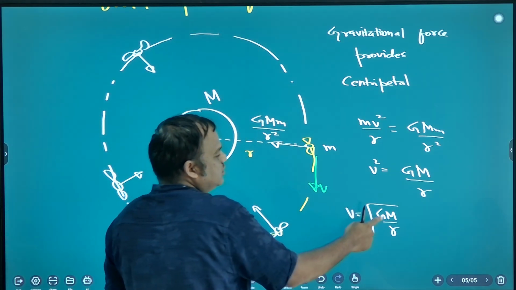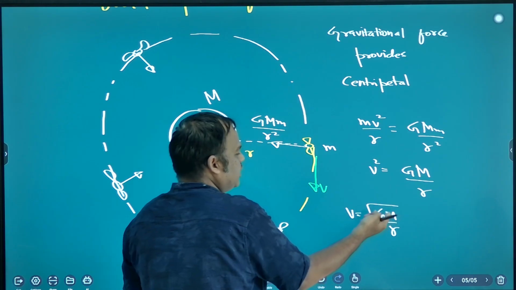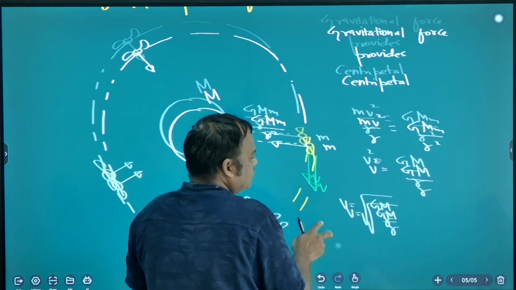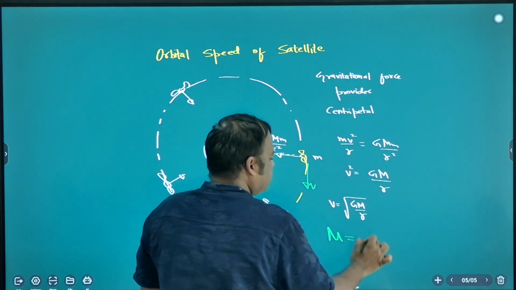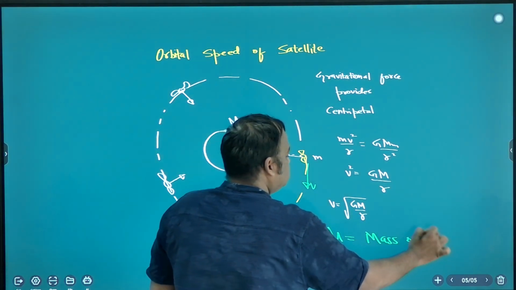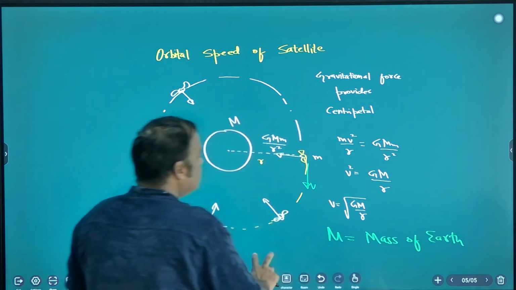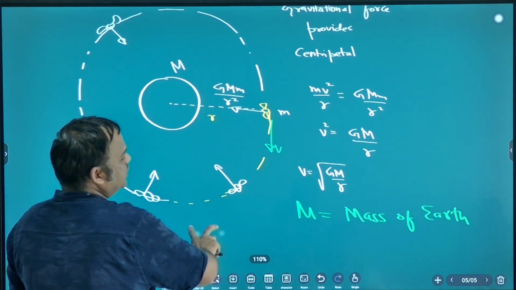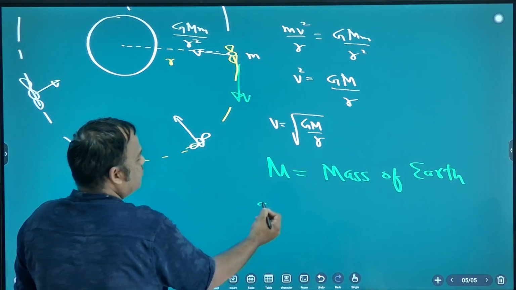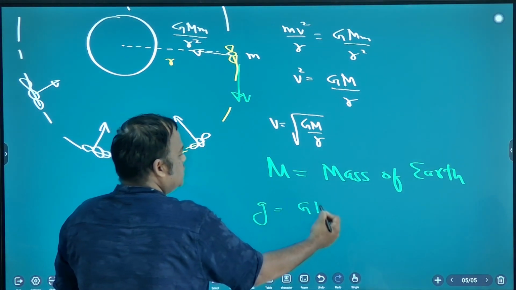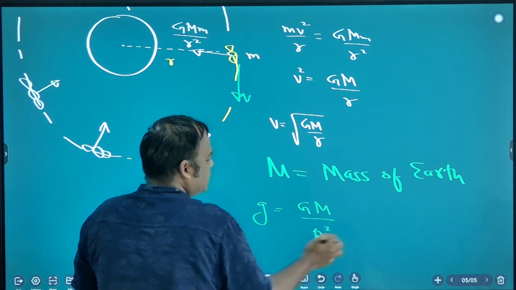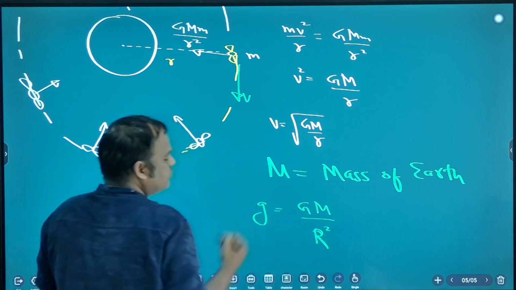G you know, and capital M is the mass of Earth. Now what is the value of small g? Tell me. G capital M by R square. What is this capital R? Radius of Earth.